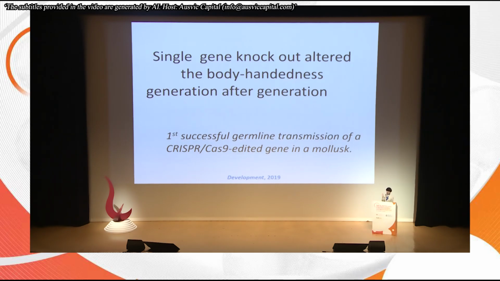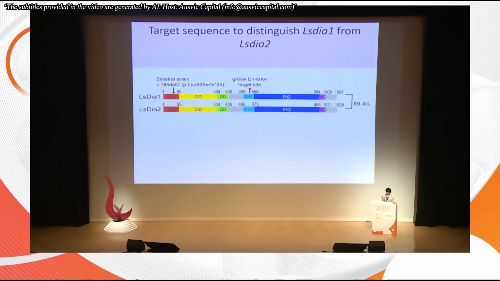So this is where the wild type mutation is here. But because of 89.4% homology, I could not set the guide RNA there. Therefore, the only place I could do is FH1, the formin homology domain. Then I did it.